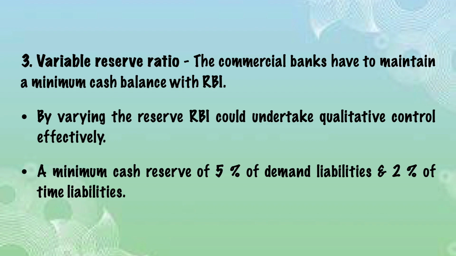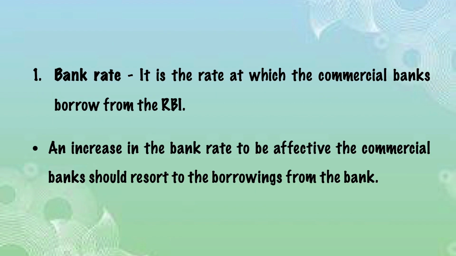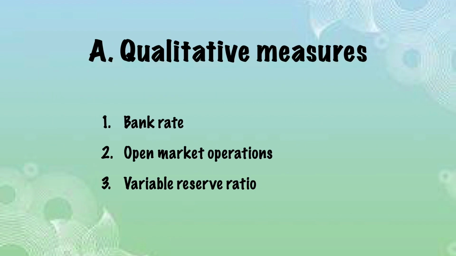That is called variable reserve ratio. Commercial banks have to maintain this ratio according to the changing ratios time in and time out by the RBI. Is that clear? So this completes our qualitative measures, that is bank rate, open market operations and variable reserve ratio.